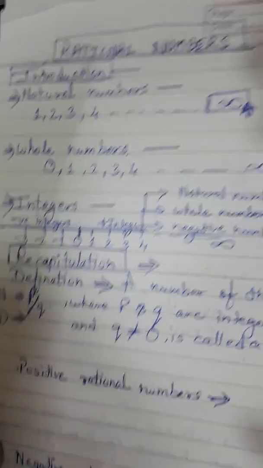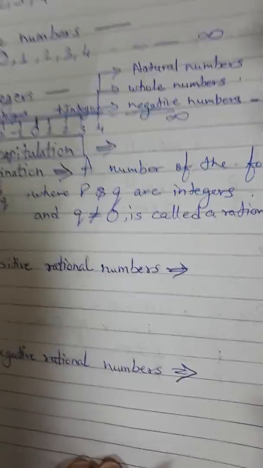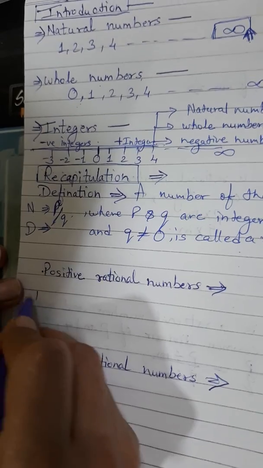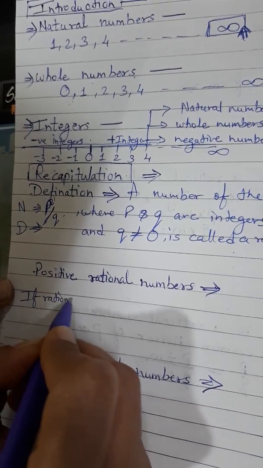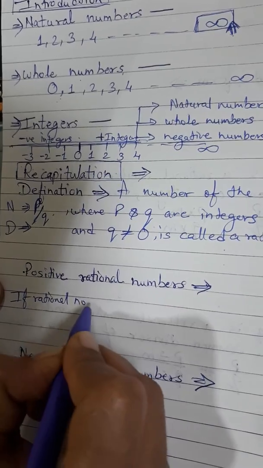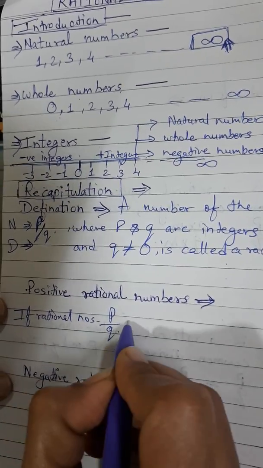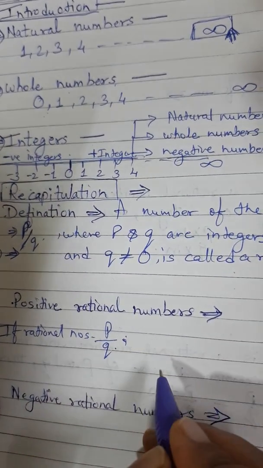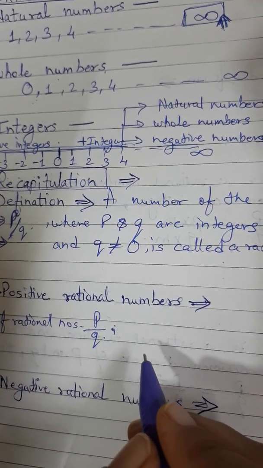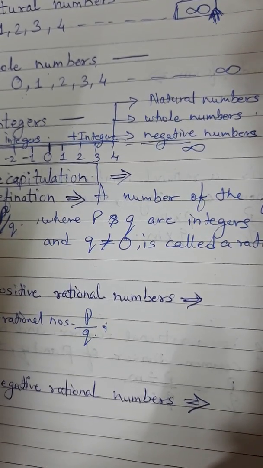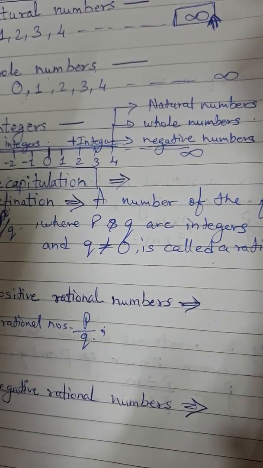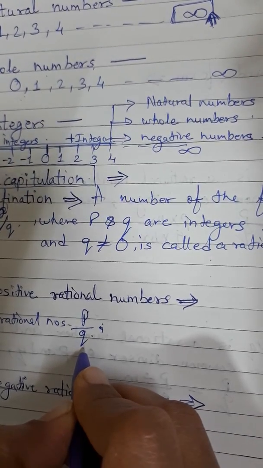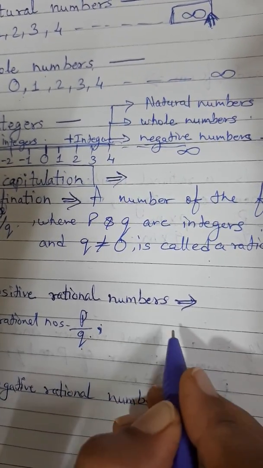Got it? Now the positive rational number. If the rational number P upon Q, where the integer P is the numerator and the non-zero integer Q is the denominator, both are positive, then it is called a positive rational number.